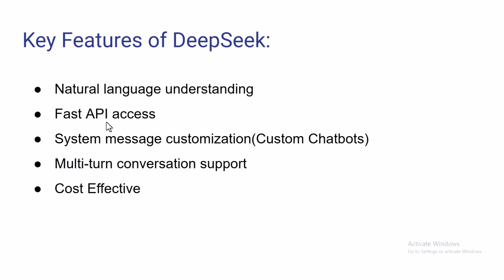Similarly, it is also very easy to customize their behavior by setting a system message. It means that we can build custom chatbots and assistant applications by changing the behavior of these models.